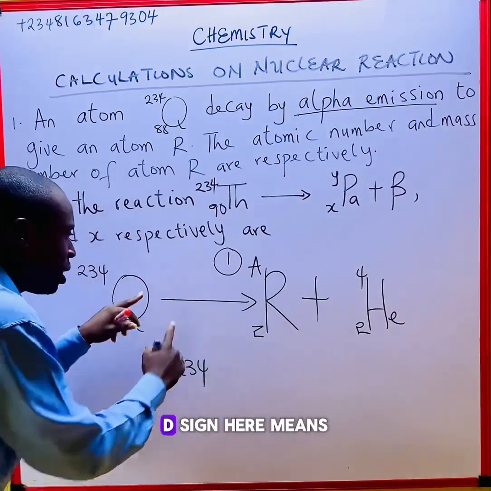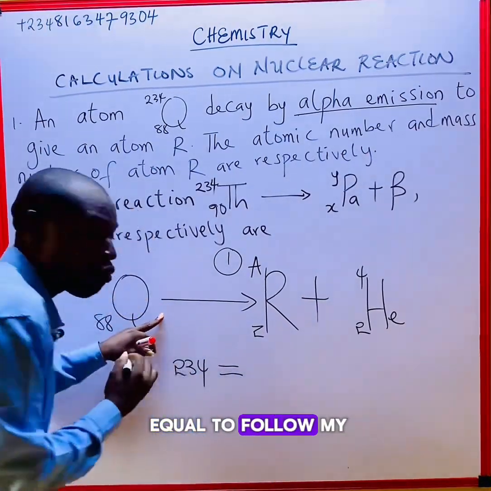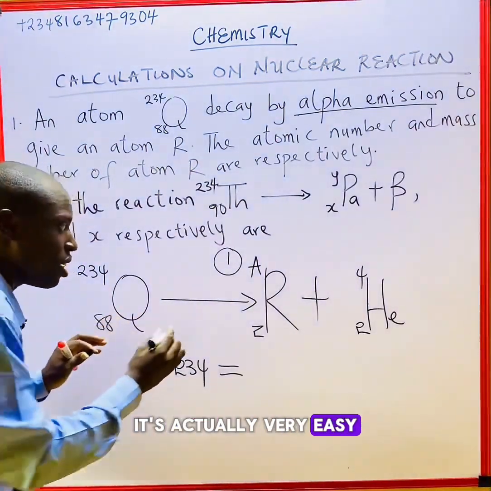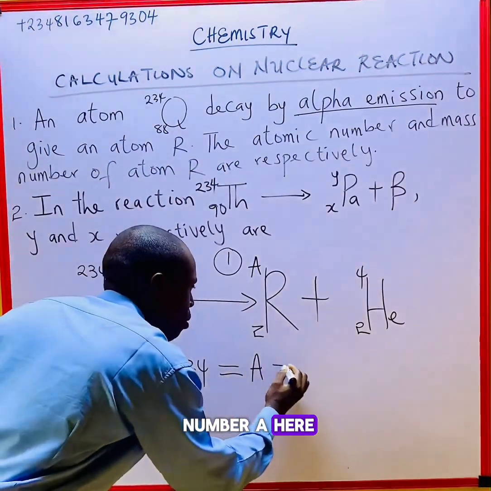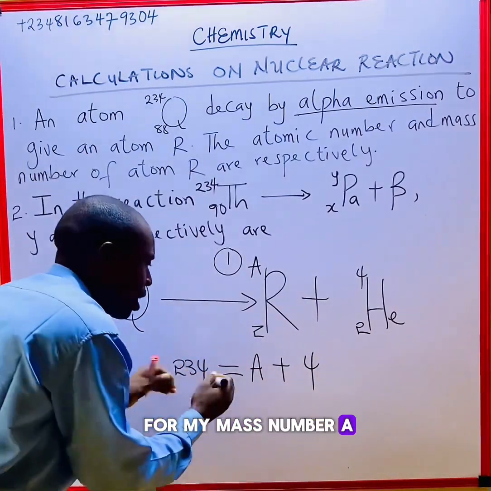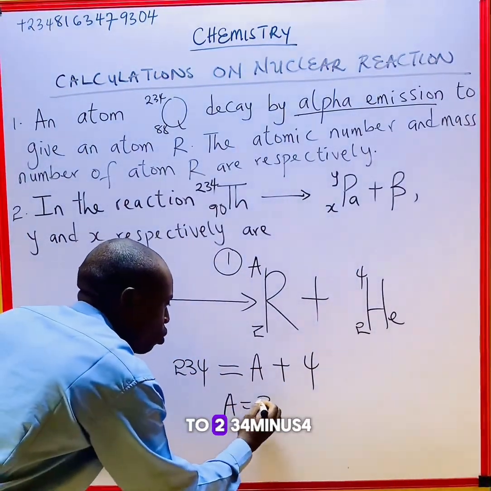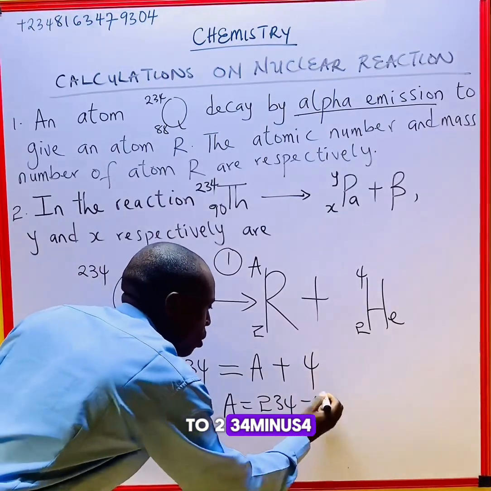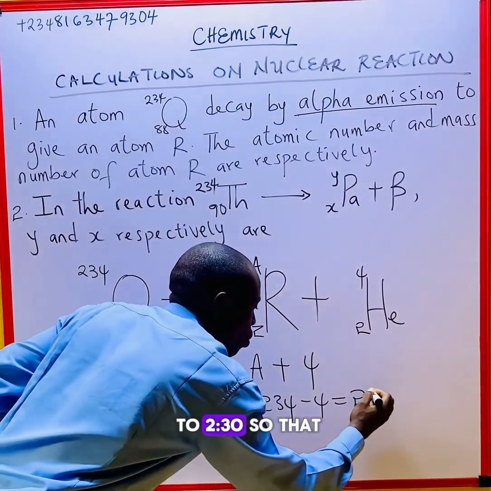234 is equal to, follow my step please, it's actually very easy. You have your mass number A here plus the 4, right? So if I'm looking for my mass number, A is now equal to 234 minus 4. A is now equal to 230.